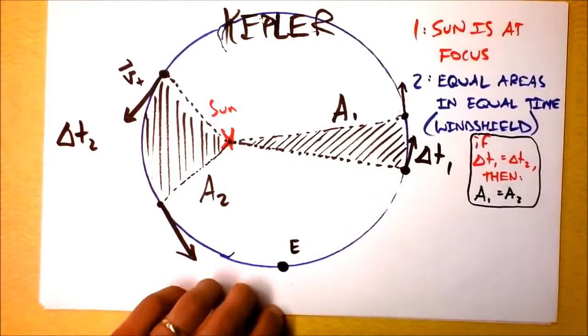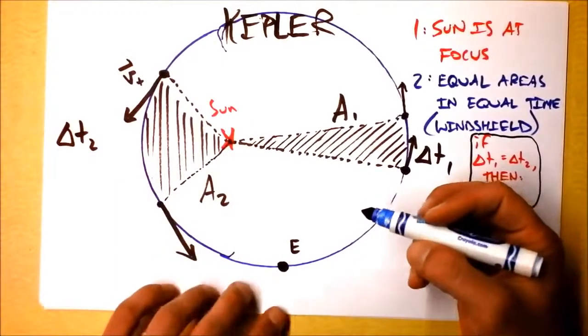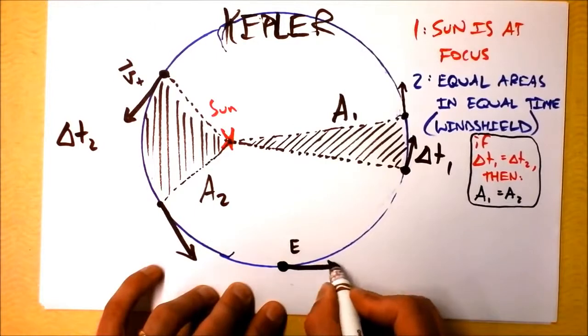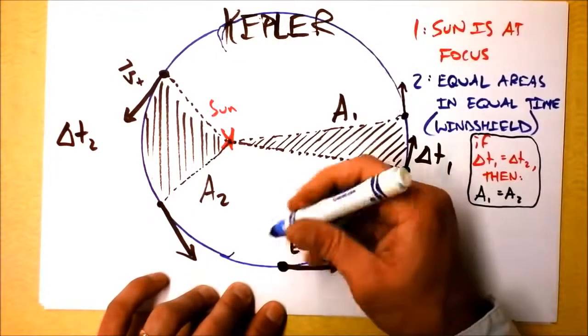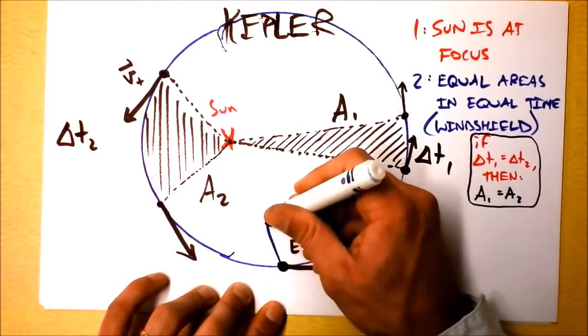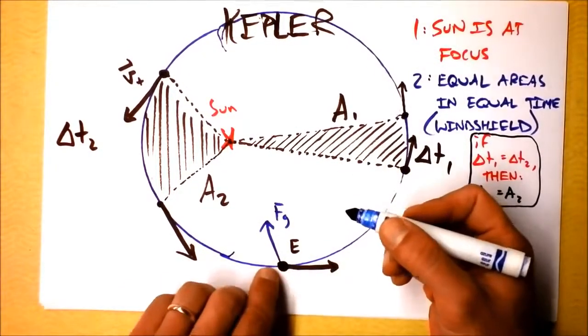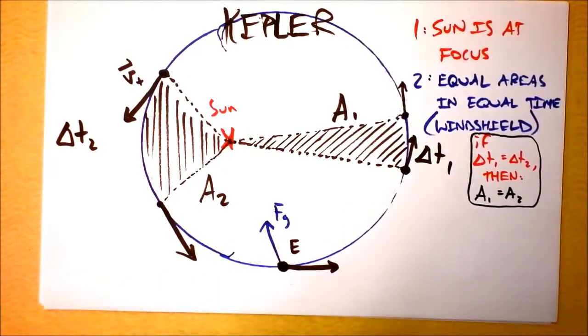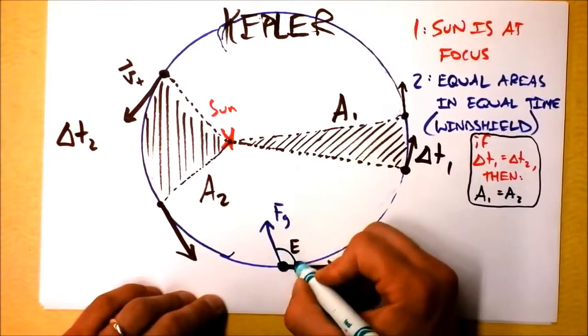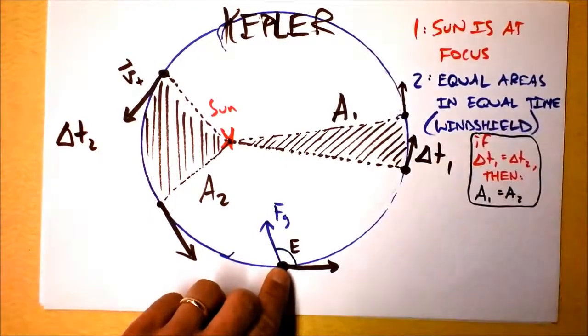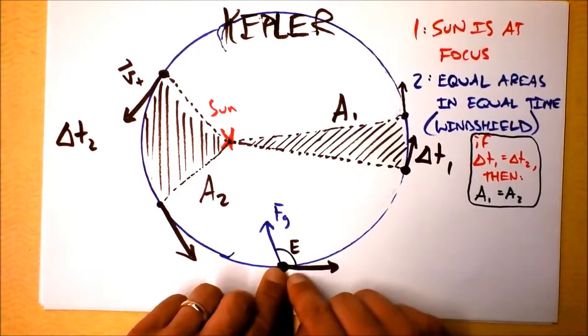The Earth is right there, and I'm justifying Kepler's second law right now. The Earth is going this way, and the Earth is feeling a gravitational force in this direction. That's the gravitational force on the Earth. Notice that the angle between the gravitational force on the Earth and the velocity of the Earth is larger than 90 degrees. That means that the Earth is slowing down.